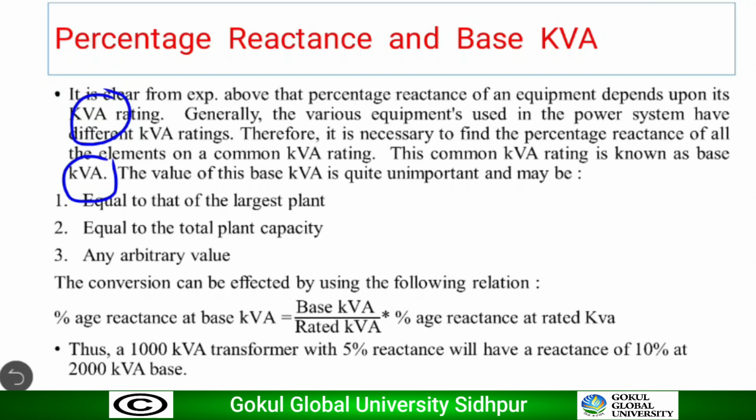The value of this base kVA can be taken based on three options: equal to that of the largest capacity equipment, equal to the total plant capacity, or an arbitrary value, any random value.